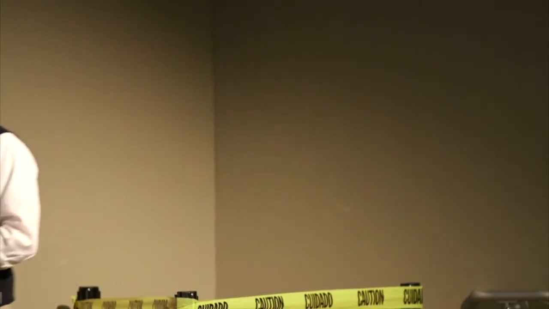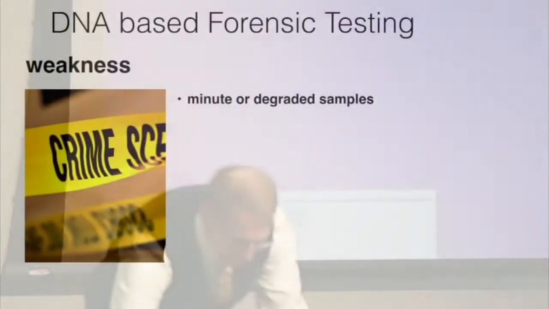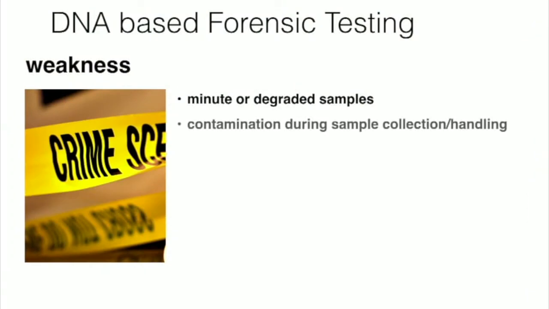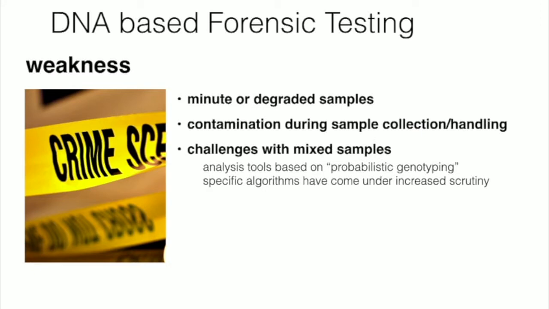It also does not work well when you've got what are called multiple samples. So if you have a sample that has the DNA of multiple individuals, so mixtures, it's very difficult to be able to separate out the individual profiles of all the DNA that was put together.